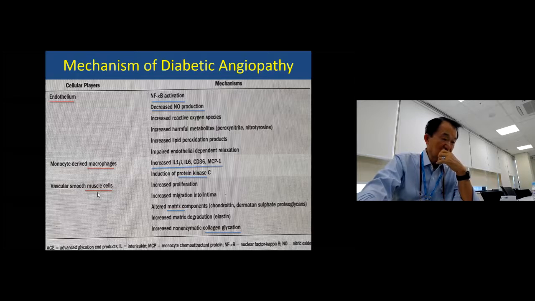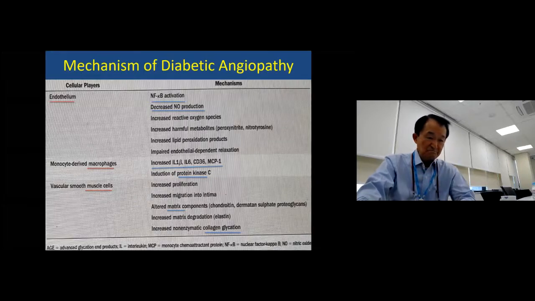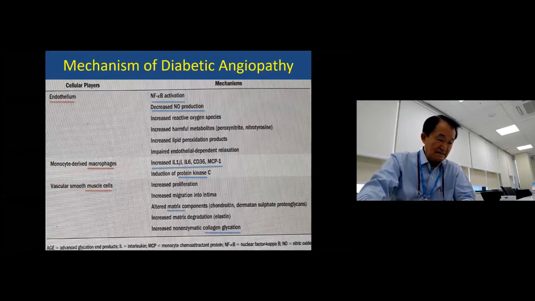And in the smooth muscle, proliferation increases, so the wall becomes thickened, and chondroitin sulfate, proteoglycans, and collagen are increased.